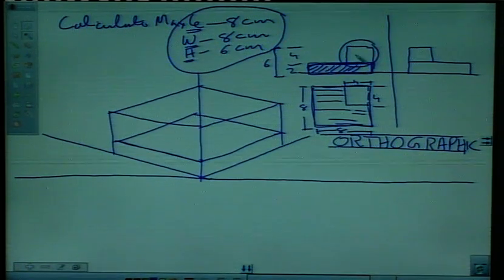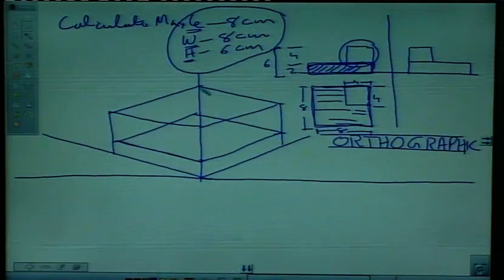From the picture we can clearly make out that it is again a cube. This is 4 centimeter, this is 4 centimeter and the height is also 4 centimeter. So this is a cube which is touching the top of our cuboid.